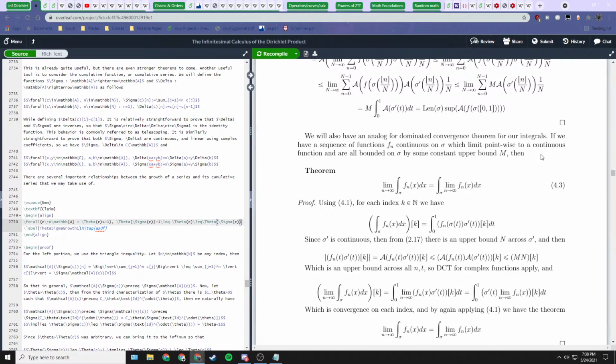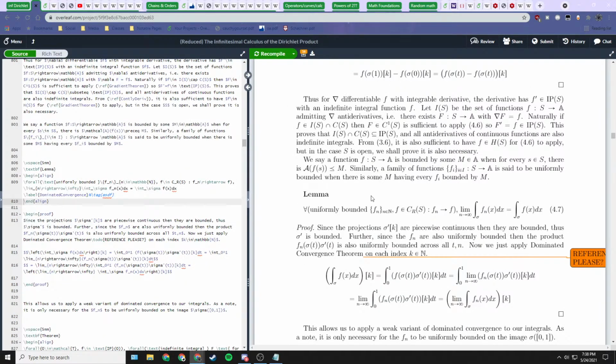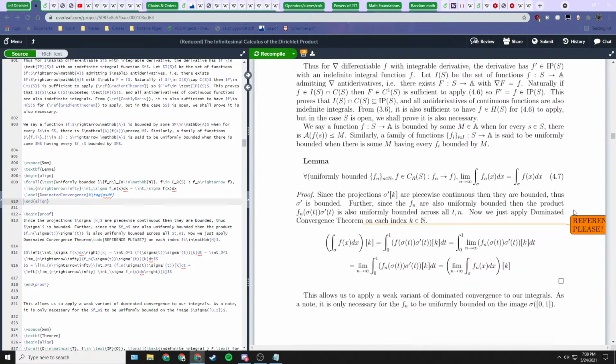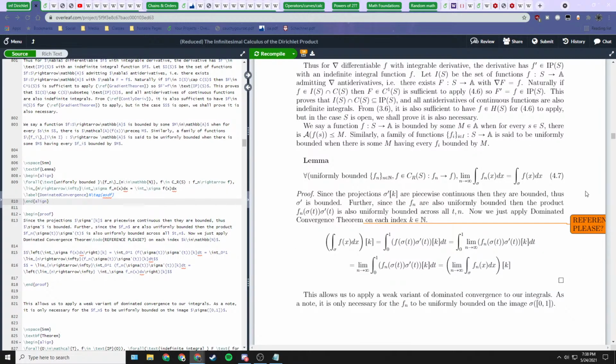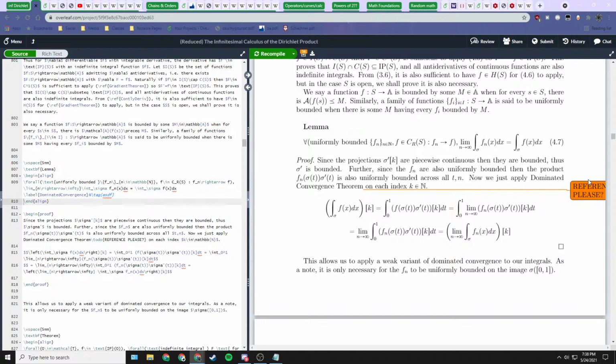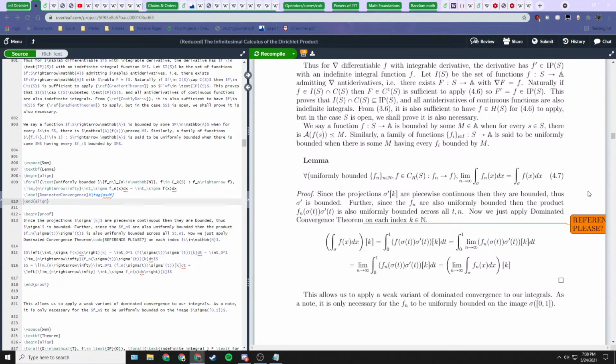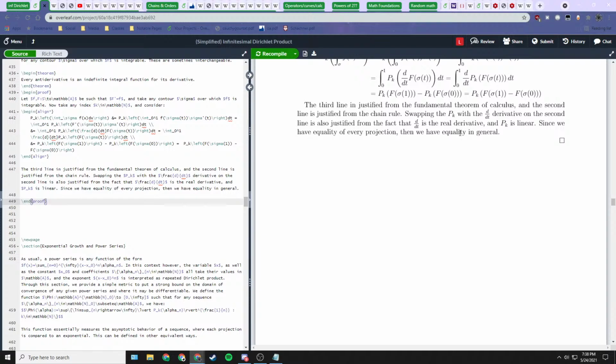We do want to adapt this theorem, but we could just say that these are all continuous. Yeah, let's just go with it.